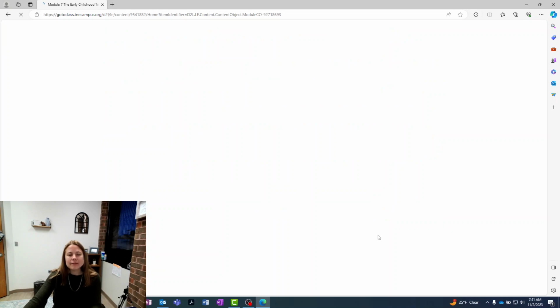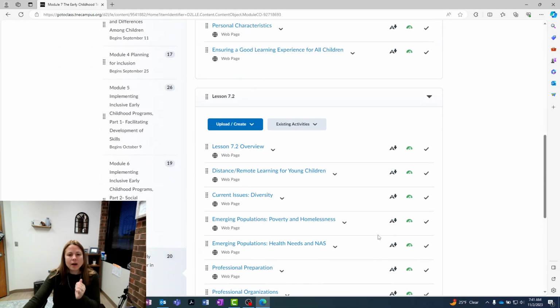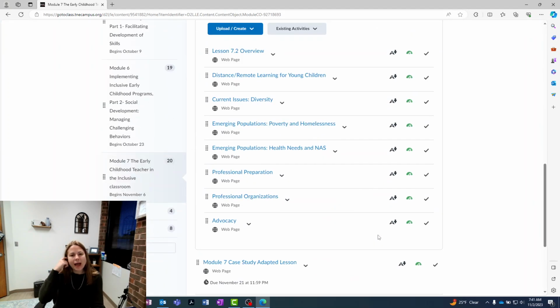Now, for lesson 7.2, we're really going to be looking at diversity, right? Like the current issues. And when we say diversity, a lot of times people think about ethnicity or nationality, but we're looking at a lot of things. We're looking at how all the students are unique learners, right?